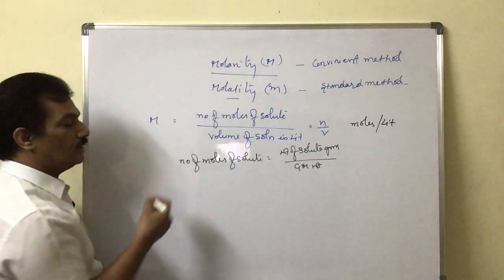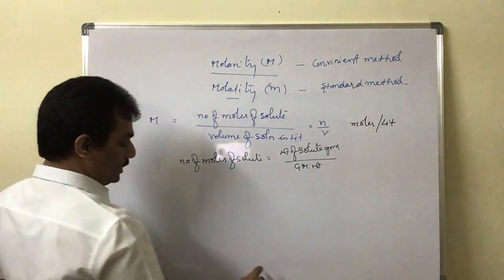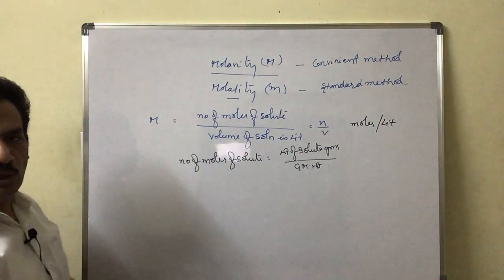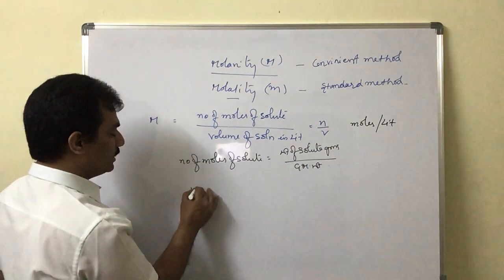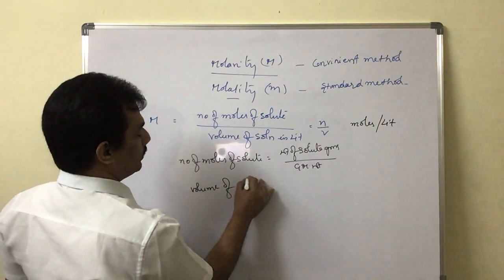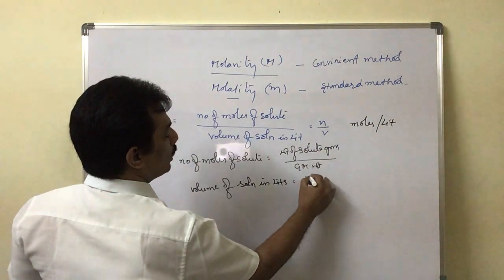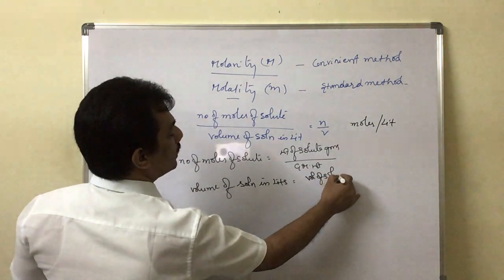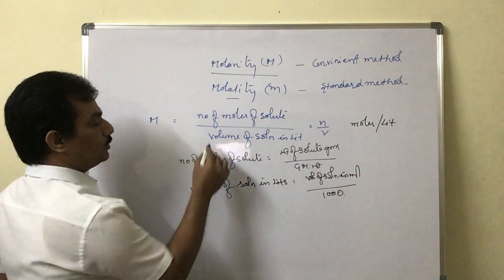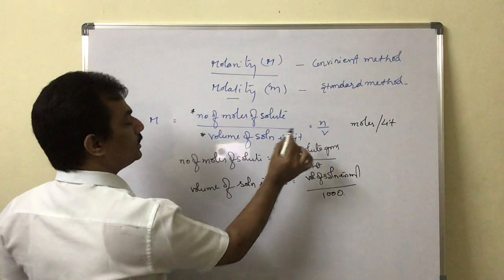And the volume of solution is measured in liters. If the volume in liters is given, no problem at all. But when it is given in milliliters, volume of solution in liters is equal to volume of solution in ml by 1000. So this is the formula for volume, and that is the formula for number of moles.